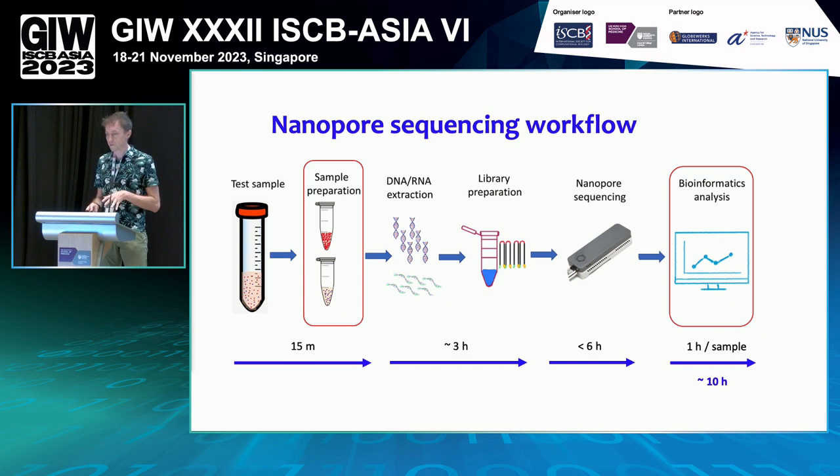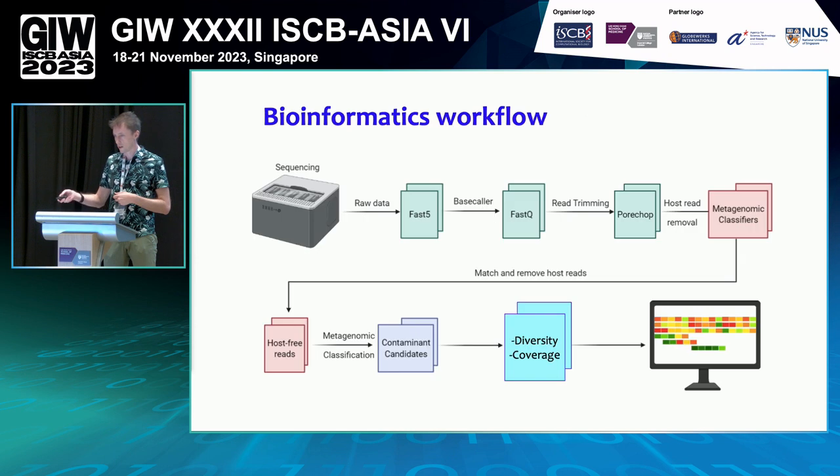And just to hammer home the point, this is relatively rapid. It can be done between 7 and 10 hours, depending on how long you want to sequence your samples for. And in terms of the bioinformatics workflow, it's also relatively simple to get a rapid result.